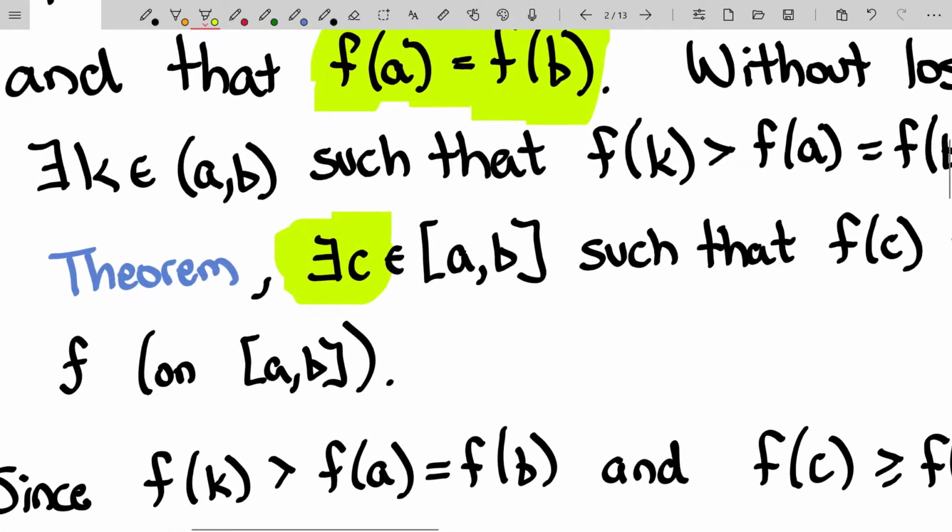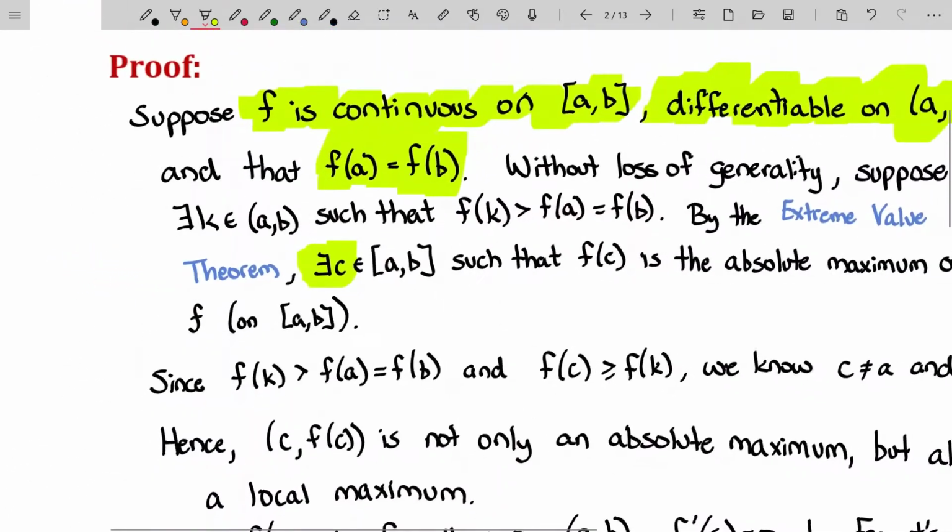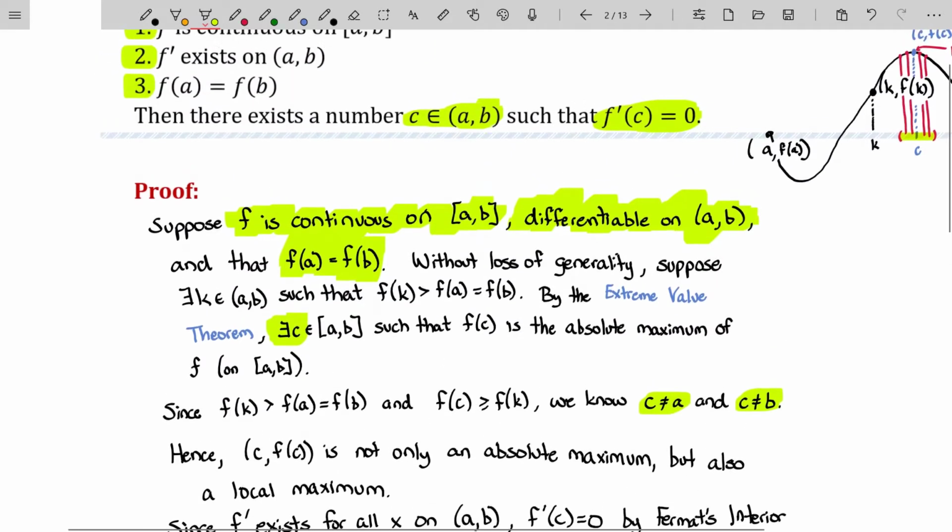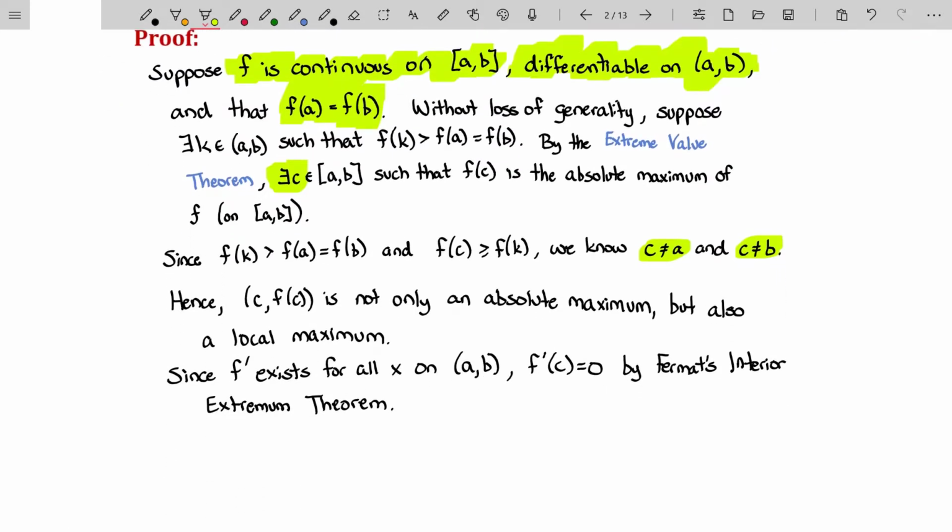And we said on the closed interval a to b, but then we later on said, oh, but we know c is not equal to a and it's not equal to b because it is at or above the height of f of k, and k itself is between a and b. So anyway, that value of c is not including the endpoint. So actually we have said there exists a c in the open interval a to b, and we have shown f prime of that c must therefore be 0.